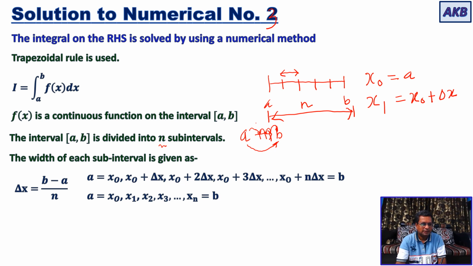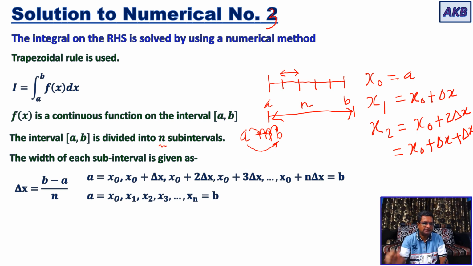Okay, and then the third value, that is x2, will be x0 plus 2 delta x, or I can also write it like this: x0 plus delta x plus delta x.